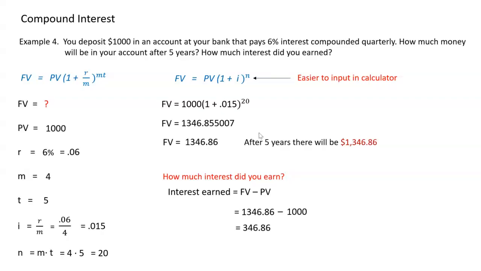You might be thinking, well, it's not that much, right? But we didn't deposit that much either. $1,000 is nothing, right? So it's not bad because we got almost $350 extra. But imagine, guys, if it was 10,000, it would have been 3,460. Imagine if it was 100,000, it'll be 34,686.